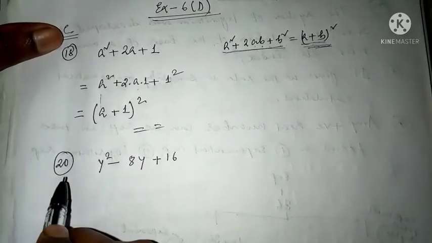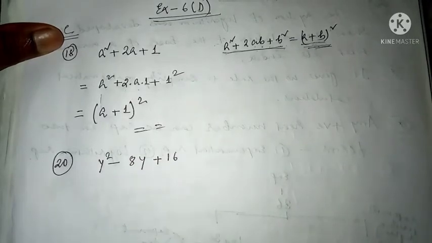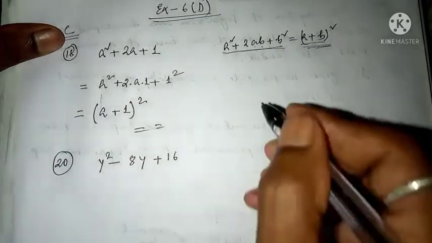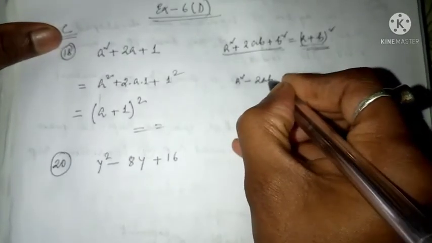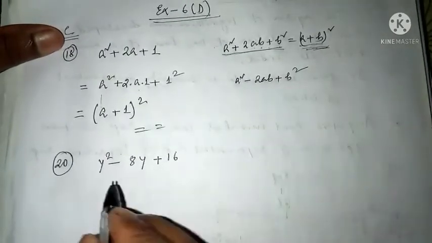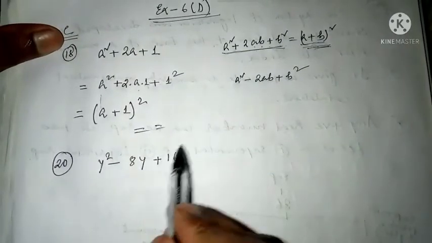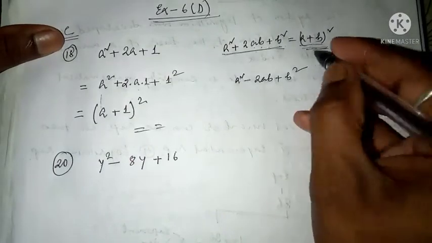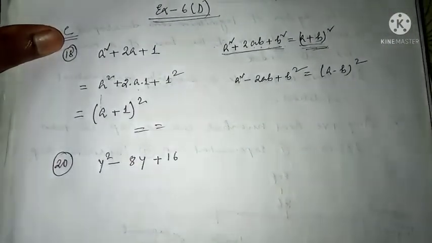Now you can see here that is our 20th number question, that is y square minus 18y plus 16. Now see here we have minus, that means I have to write in this form: a square minus 2ab plus b square. These two are the same form, square of first term, minus, plus, and then this term. Whenever this happens, I must write (a - b) whole square.